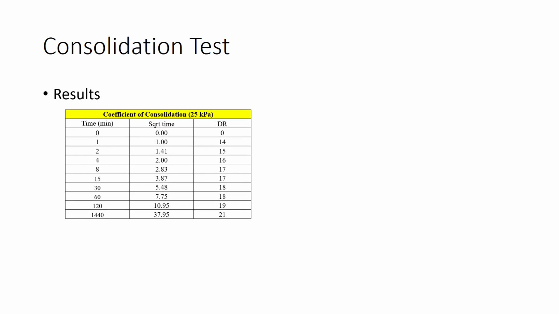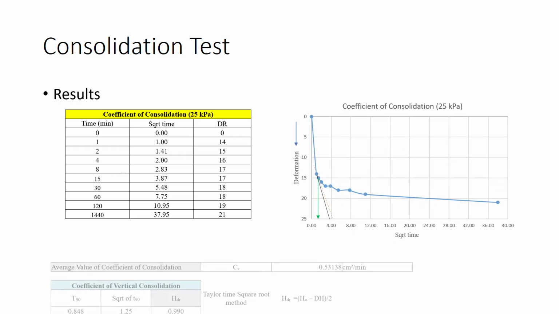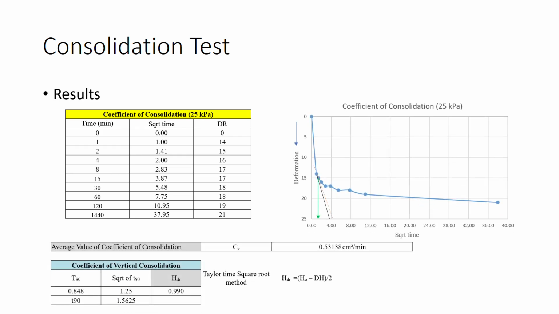So Cv is basically the time rate required for the sample to completely consolidate. Here we are only considering that our sample is 90% saturated.